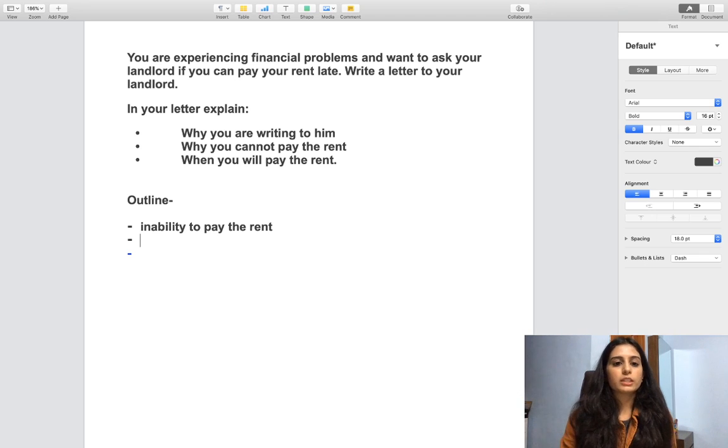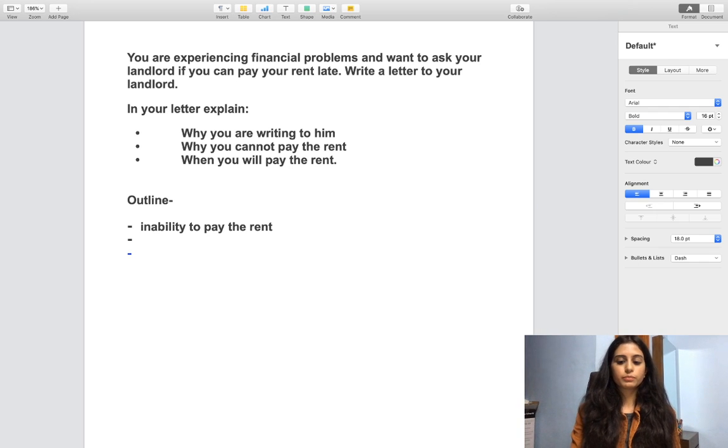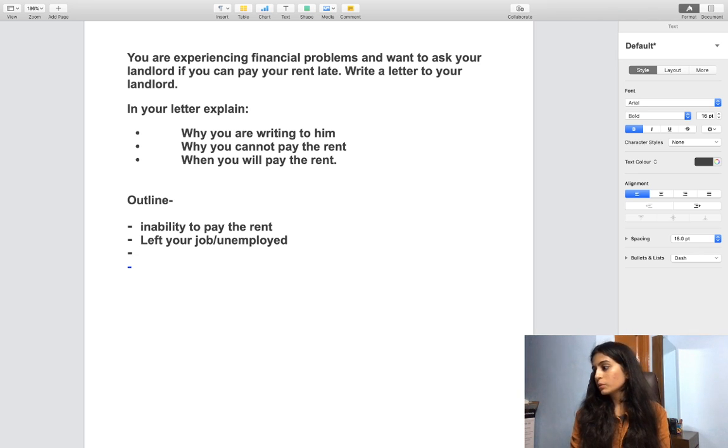Any answers, any suggestions why you cannot pay the rent? Okay, let's say that you left your job. Job or unemployed, something of that sort. And when you will pay the rent, so you need to give them the next possible date or tentative date when you could pay them. So what can we write?